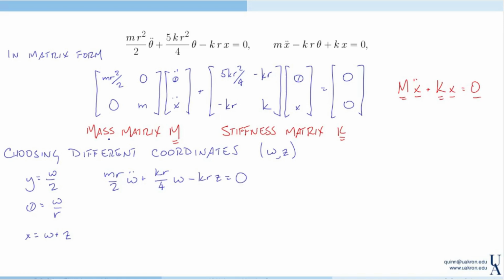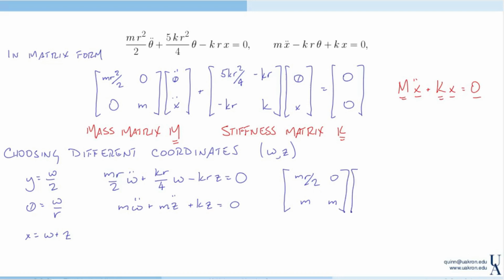And I've sort of done this offline. You might want to go through and actually see if you can get these results as well. The second equation becomes mw double dot plus mz double dot plus k times z equals 0. So with this, we would find the system would look like mr over 2, 0, m, and then m.